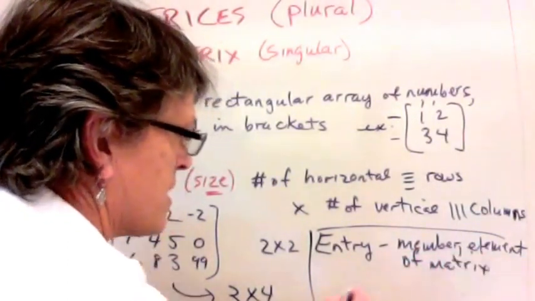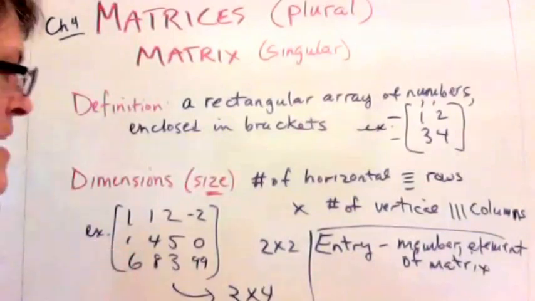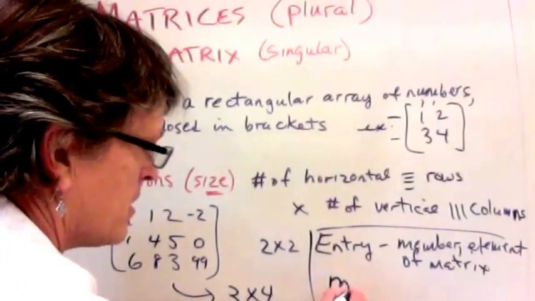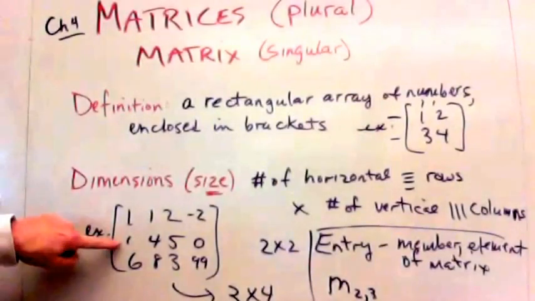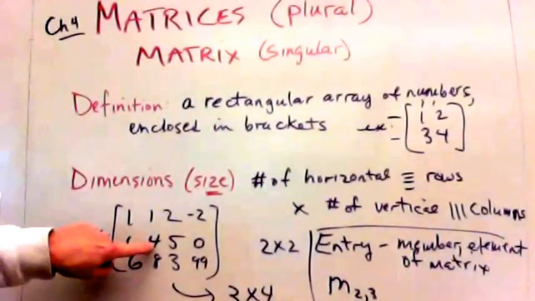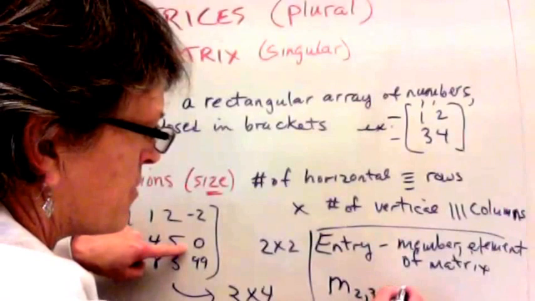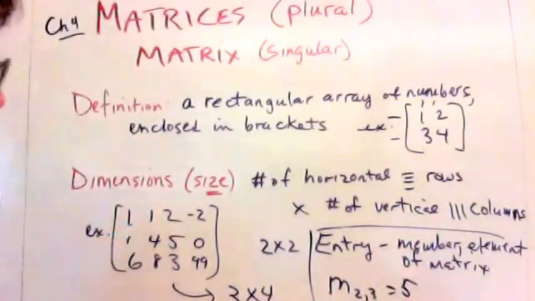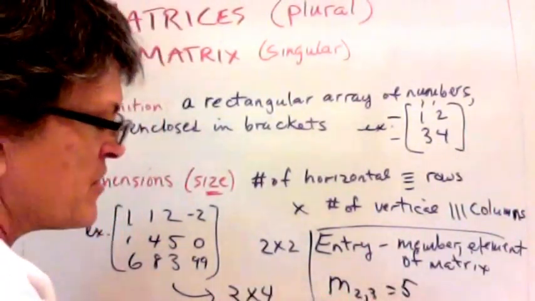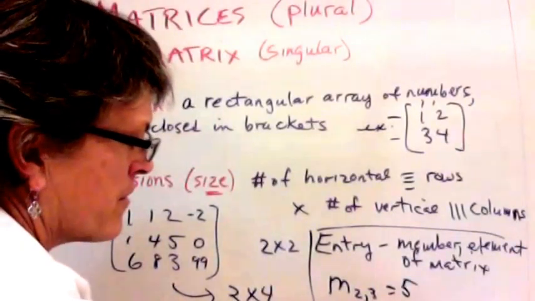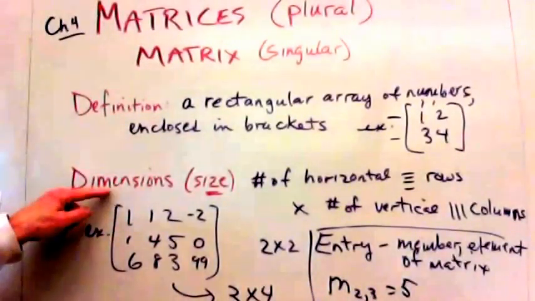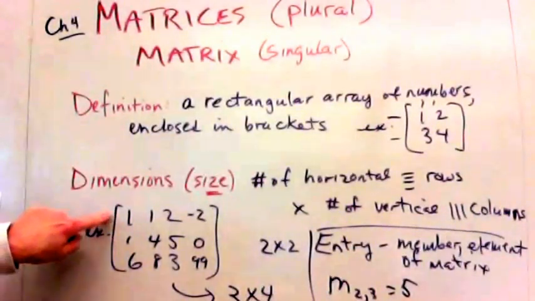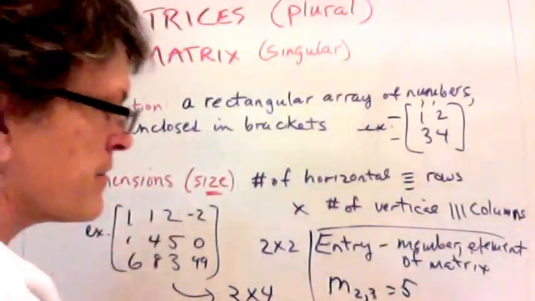So, for example, if this was our matrix and we said M2,3, the member that's on the second row and the third column, that would be equal to 5. So we had in our matrix 1,4. See if you can figure out what that would be. First row, fourth column, -2.